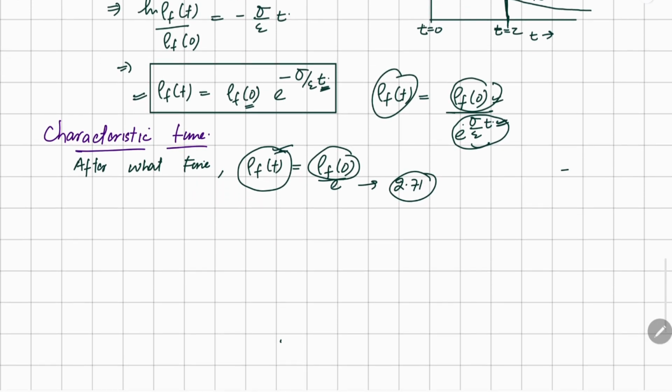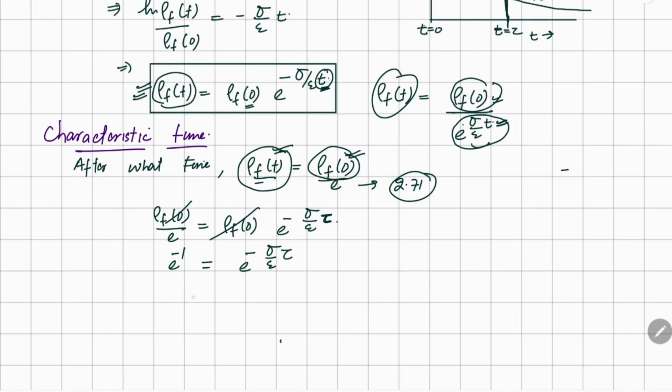So how much is that time? We simply put this in place of rho_f(t): rho_f0 by e equals rho_f0 e to the power minus sigma by epsilon tau, where the time is tau. So e to the power minus 1 equals e to the power minus sigma by epsilon tau, which implies sigma by epsilon tau equals 1, which implies tau equals epsilon by sigma.